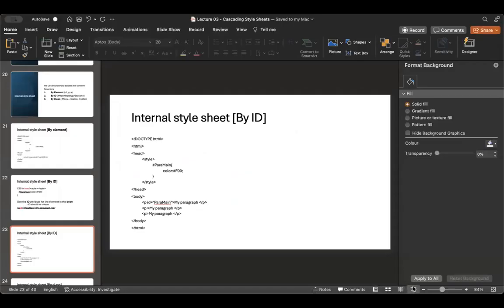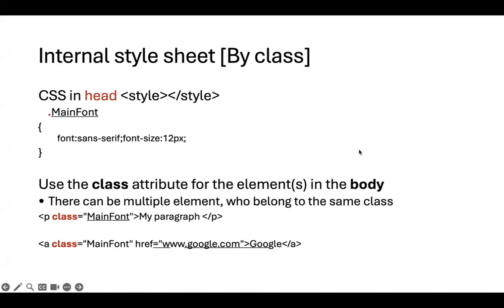That is the thing. Then by class. Here we are using the class attribute. Earlier we used the ID attribute. Now we are going to use the class attribute for the element, right? ID should be unique to that element, but a class you can use in multiple elements.